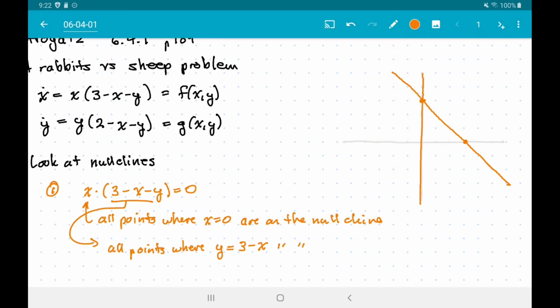I'm going to sketch a little bit of the vector field. These are points where x dot equals 0. That means that the vector field points either straight up or straight down. And I don't really know for sure which yet, so I'm just going to draw little vertical hash marks. What's kind of nice is that the vertical axis is something called an invariant manifold.